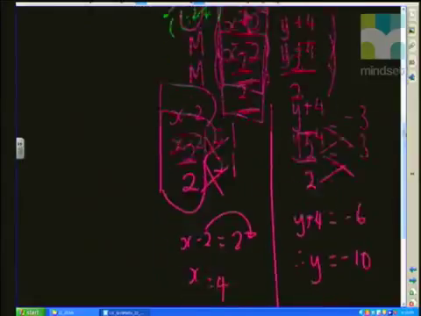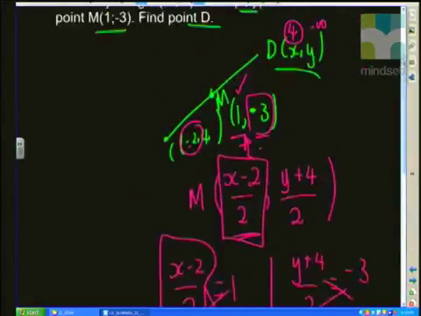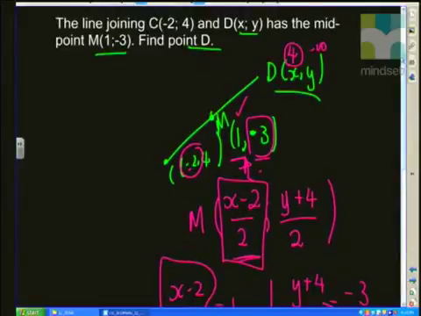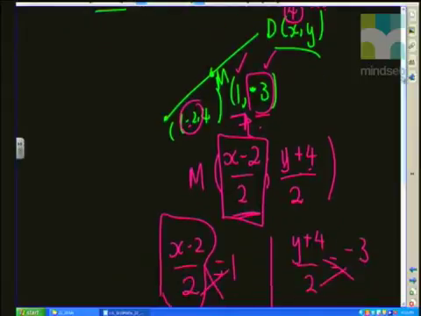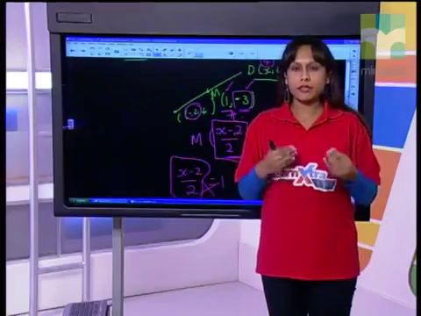So minus 10 plus 4 gives me minus 6, and minus 6 divided by 2 is in fact minus 3. So you can always get your answers and then check to confirm that they are the right values.